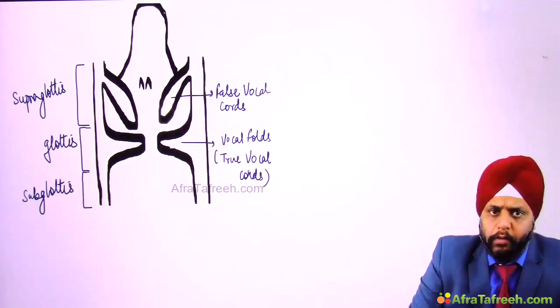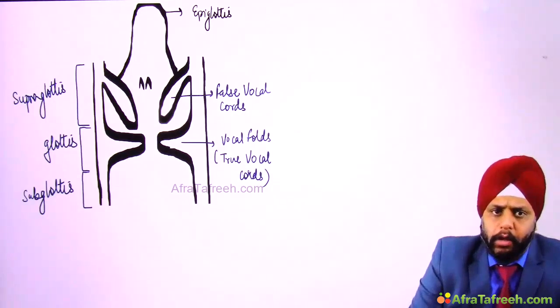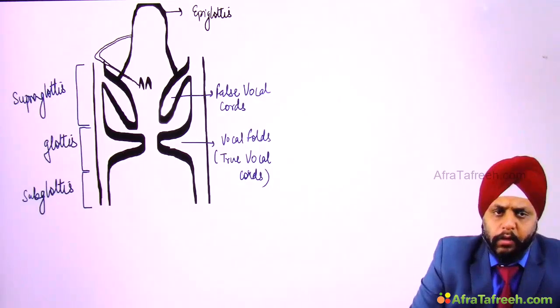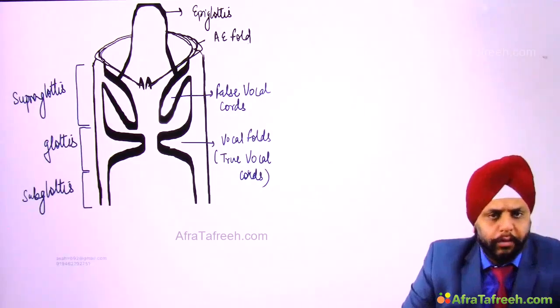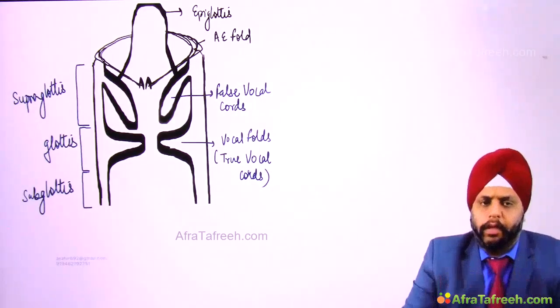Connecting the epiglottis to the arytenoid cartilages, we have a mucosal fold. This mucosal fold is known as the aryepiglottic fold, or AE fold. Together they form the laryngeal inlet.